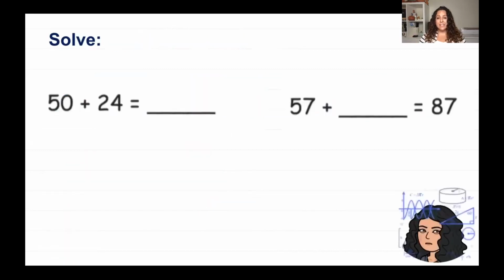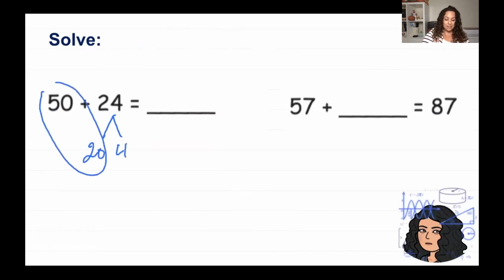All right, so let's go ahead and look at some problems, and we're gonna even solve one that has a missing addend, but I promise you it's really easy to get to today. So when I'm working out these problems, I have 50 plus 24. So if you're doing this on your own, you can go ahead and decompose this, and you can make this 20 and 4. And then remember, let's add our like units.